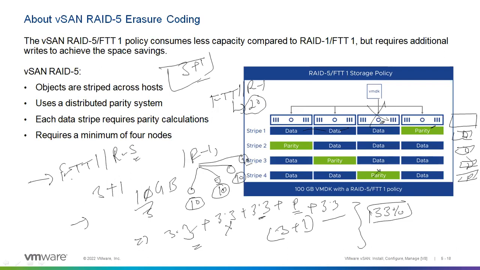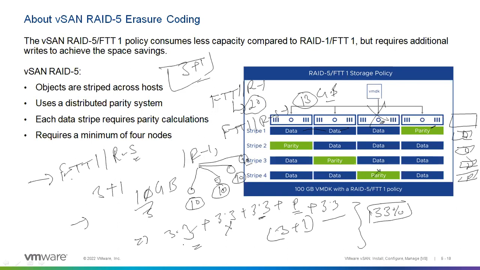But as compared to that, when I am writing the data in FTT1 RAID 5, my consumption is only 13 GB. 33% more than original data, just 33%.